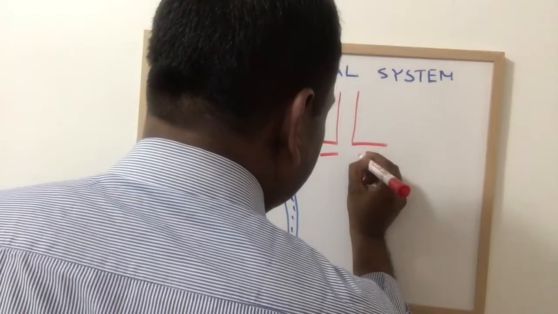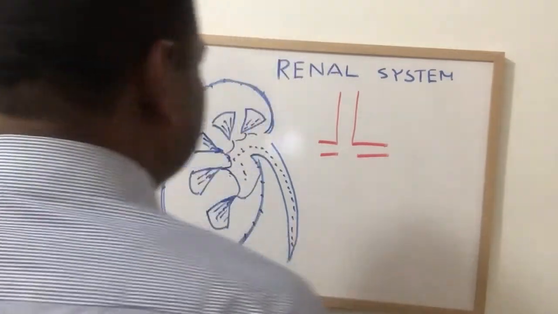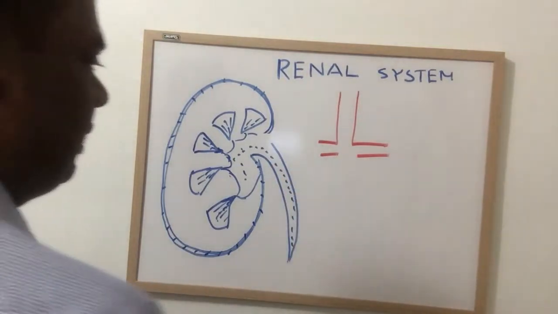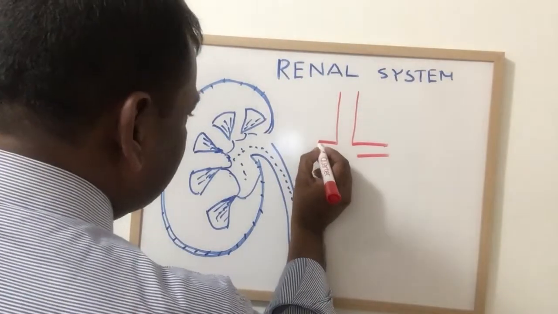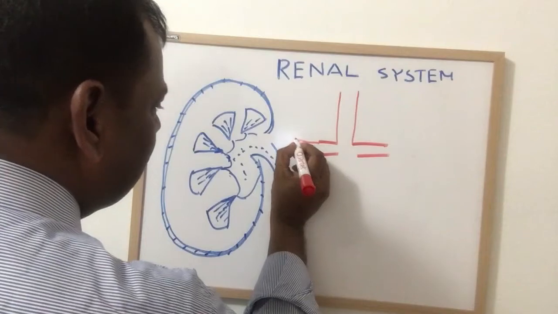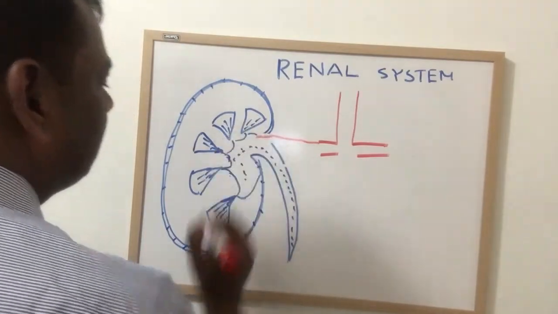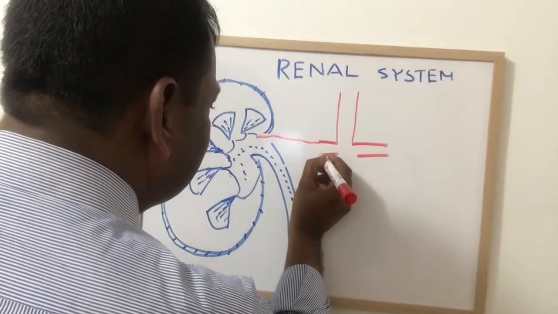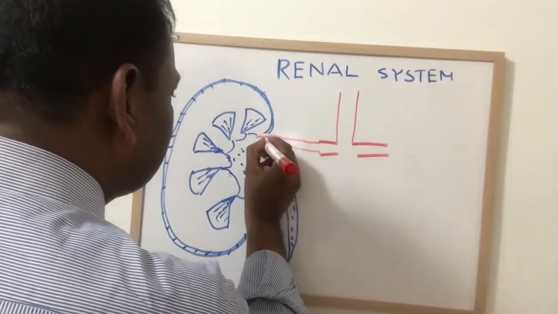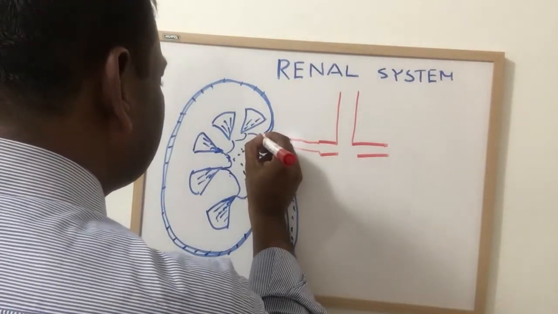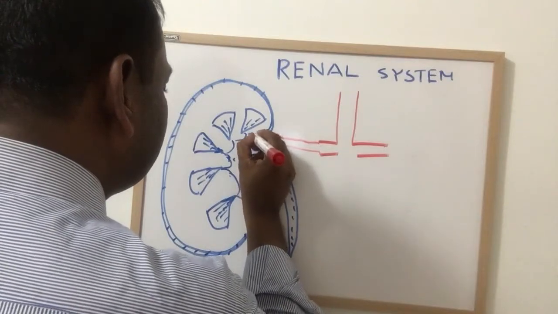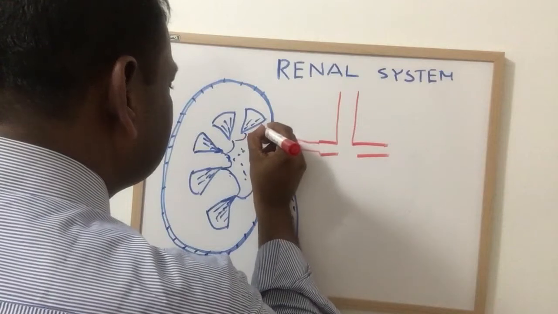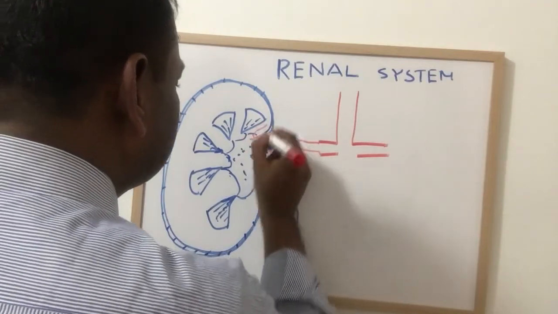There are two kidneys, on the right side and left side. From the abdominal aorta to the renal artery, they enter at the hilum area. Once they enter the hilum area, they break down into two. This is called the interlobar artery.